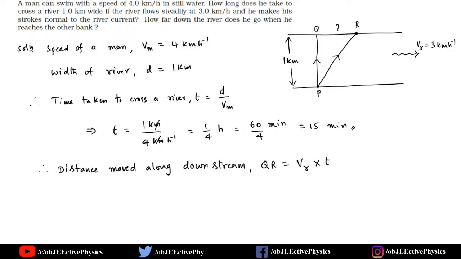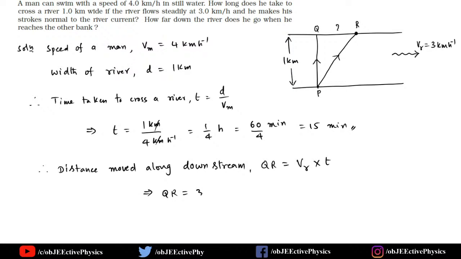Due to the speed of the river, the man is displaced to R instead of Q. Actually, he wants to reach the exactly opposite point, from P to Q. But due to the river flow, instead of reaching the point Q, he may reach some other point R along the downstream. So how much distance has he drifted? QR.